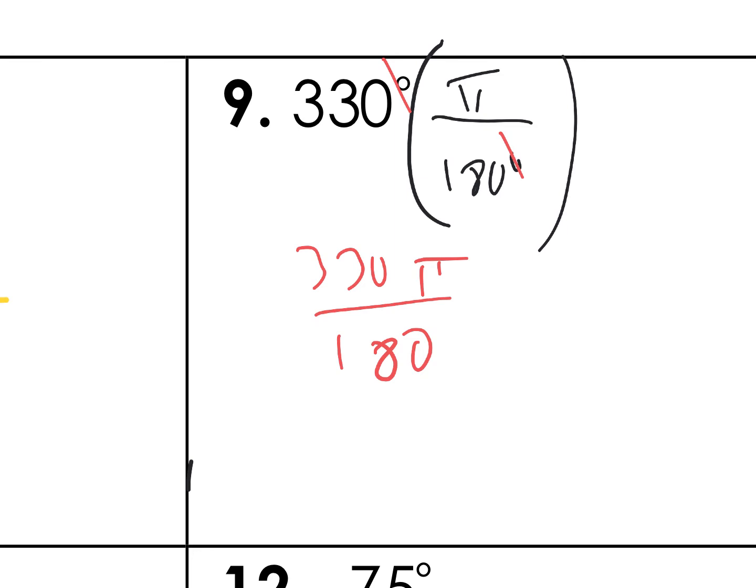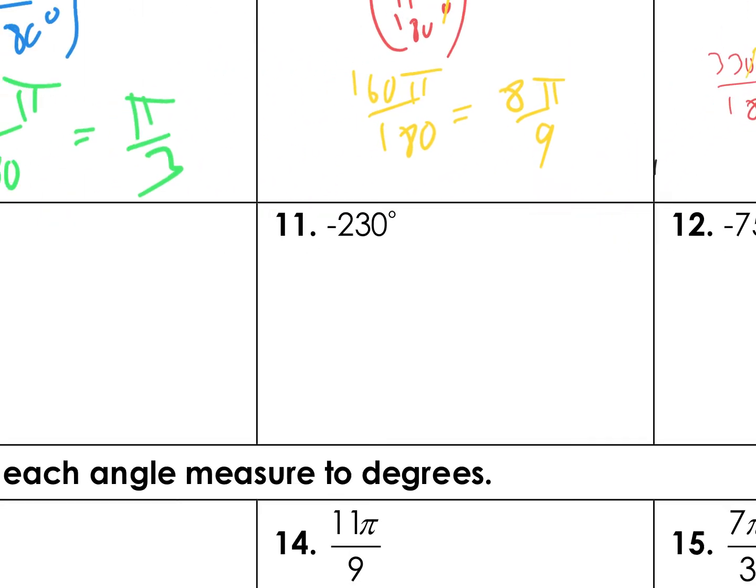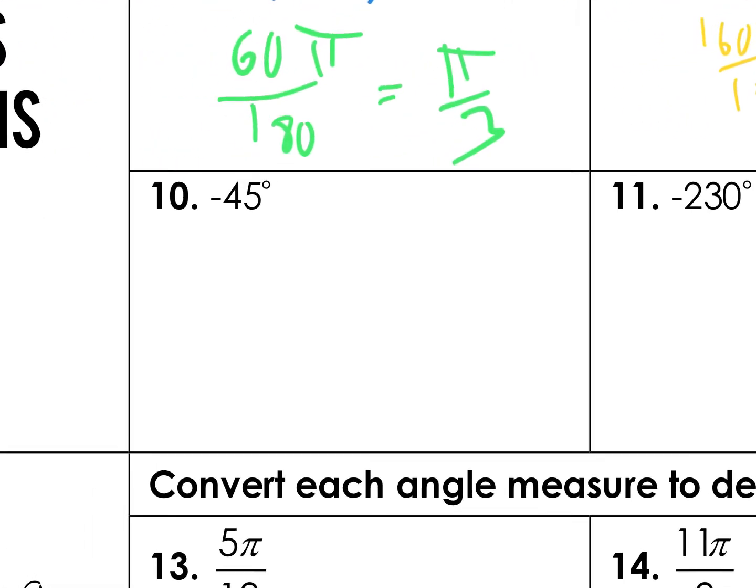Just leave it. No. Nah. You can reduce the zeros real easy. I'm only left with 33 over 18, and both of those divide by 3. 11 over 6 pi, or 11 pi over 6, same thing. 11 pi over 6. All right.